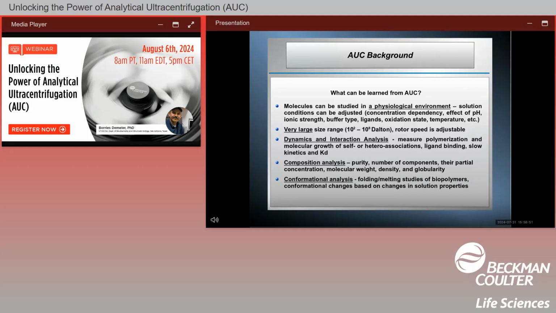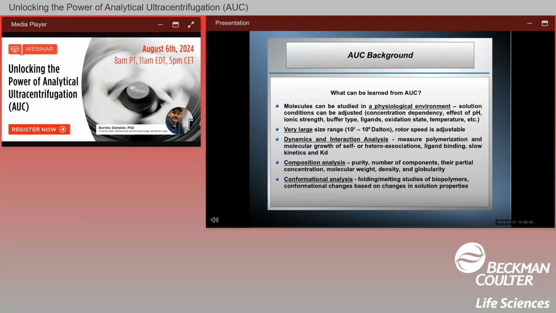Furthermore, AUC can address a very large size range, which starts just with the size of, let's say, a salt ion that you can sediment into a gradient, and you can measure that. So that would be about 100 Dalton range in the hundreds of Daltons.